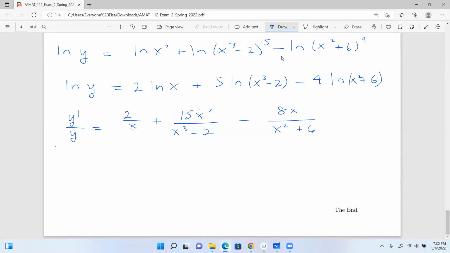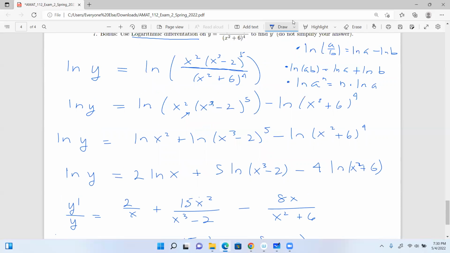And then we can multiply both sides by y. So we get y prime equals y times 2 over x plus 15x squared over x cubed minus 2 minus 8x over x squared plus 6.